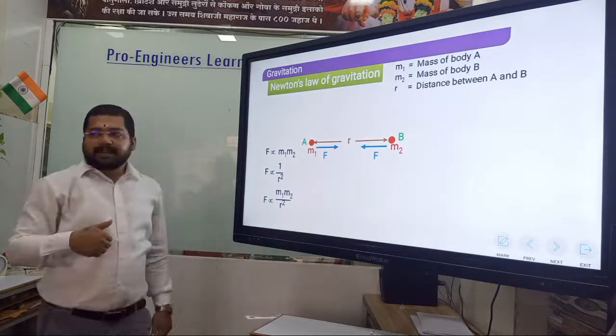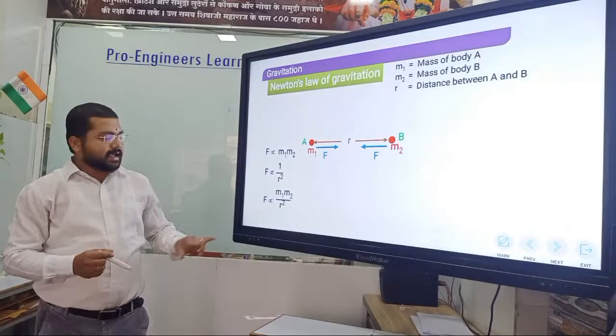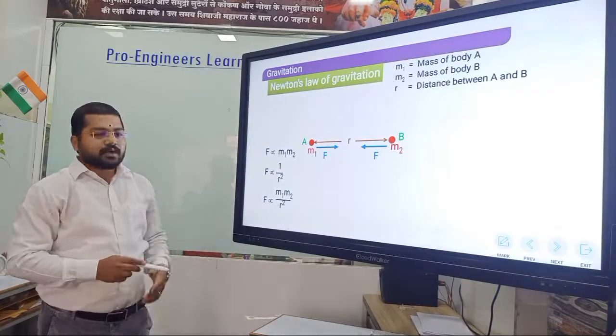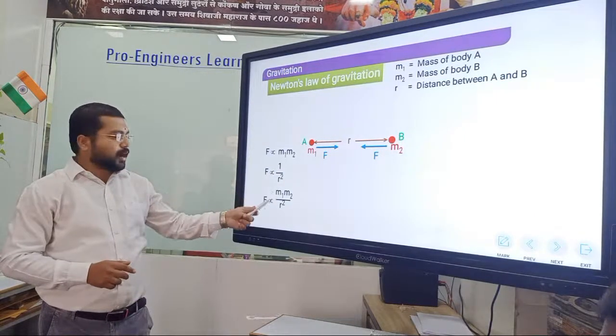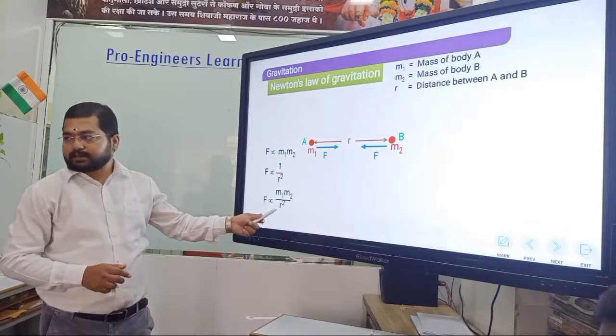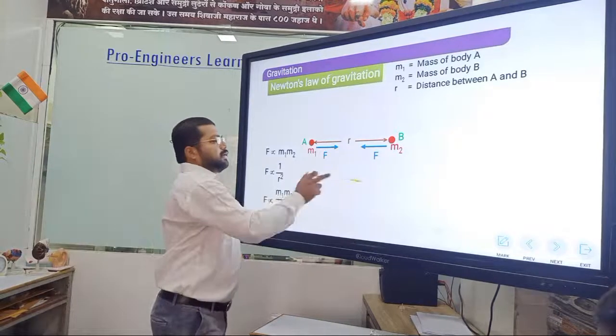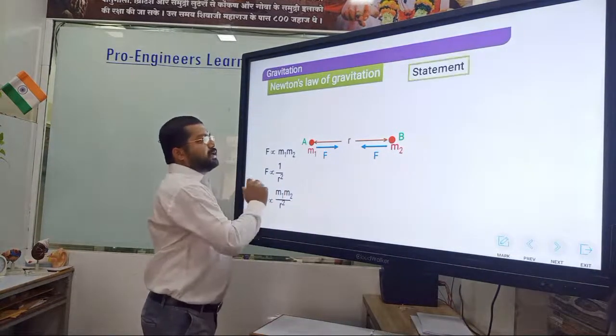So combining these two statements, force is directly proportional to m1 m2 upon r square. Clear? So what must be our statement?